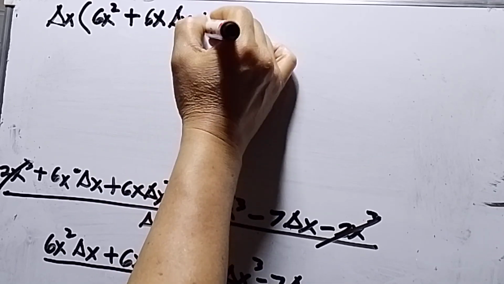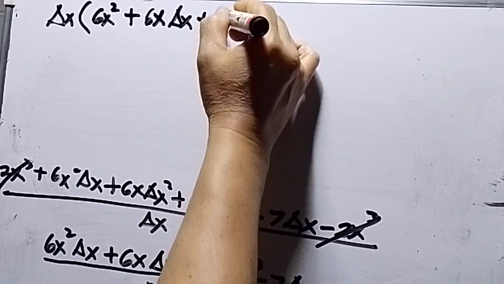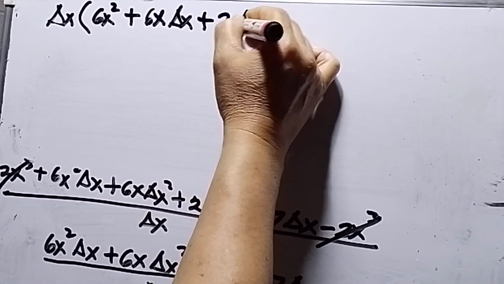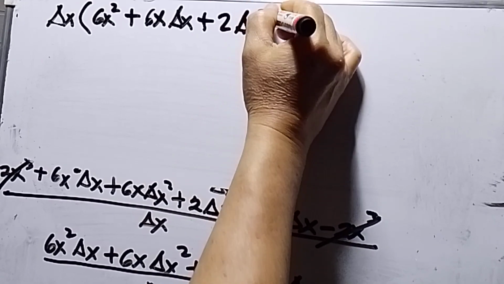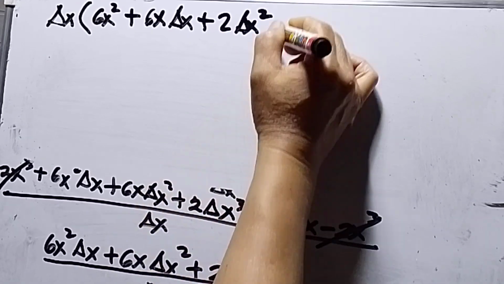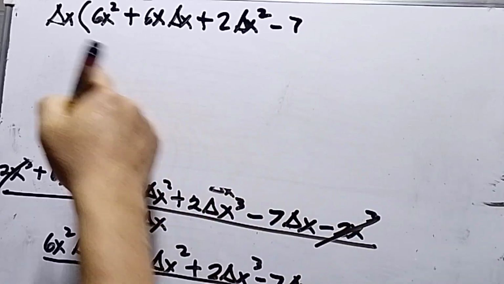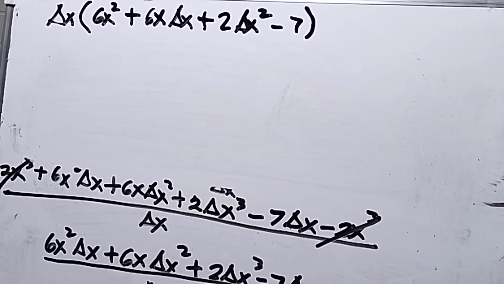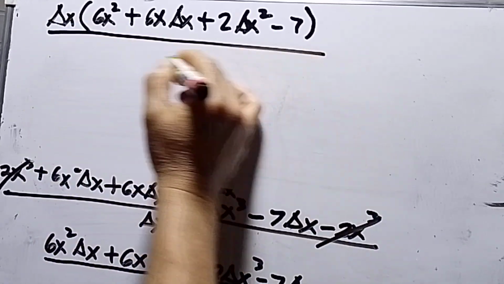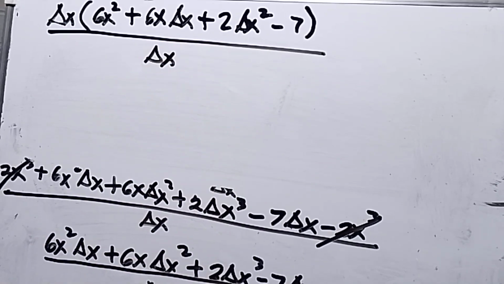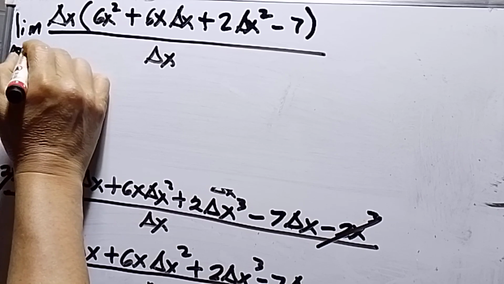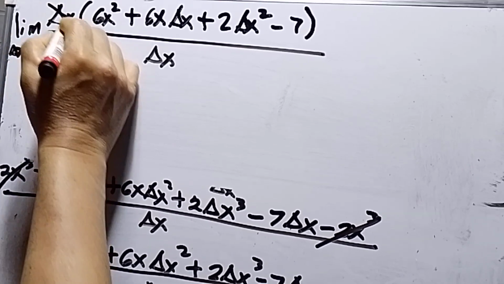Then plus 2, since I have 1 in here, so only 2 delta x squared. Then minus 7, because I have delta x outside. So this will be close bracket, then over delta x. Take note, there is limit delta x approaches to 0. So delta x will be crossed out.